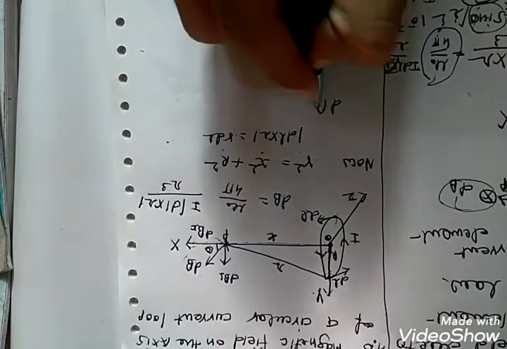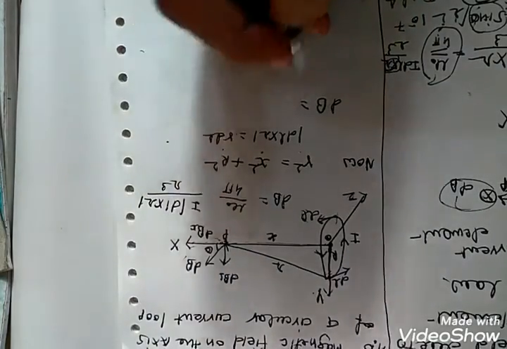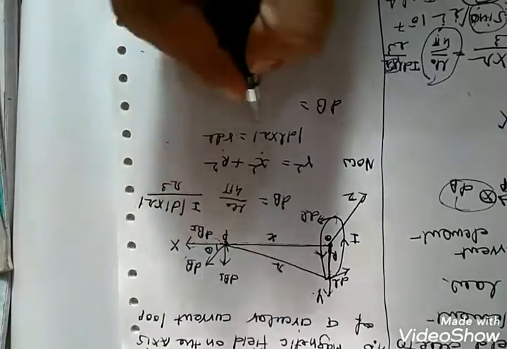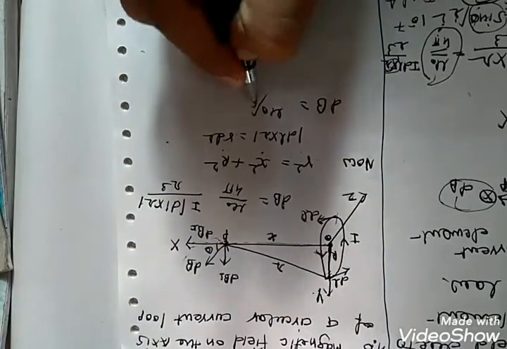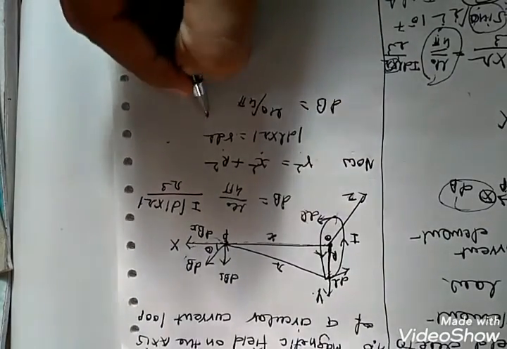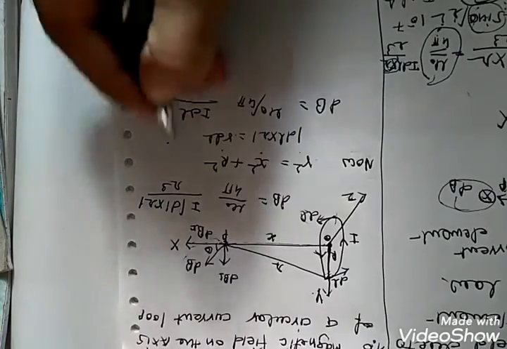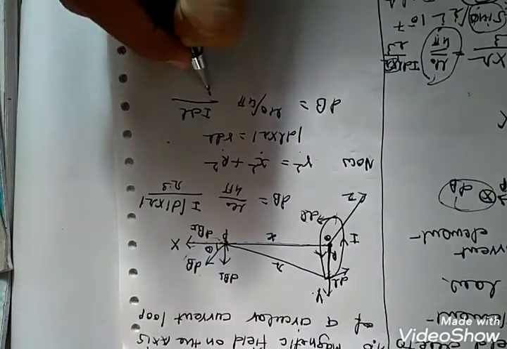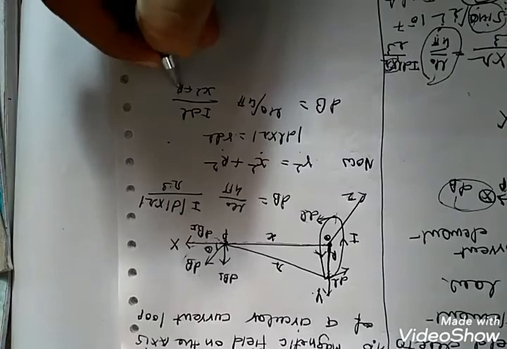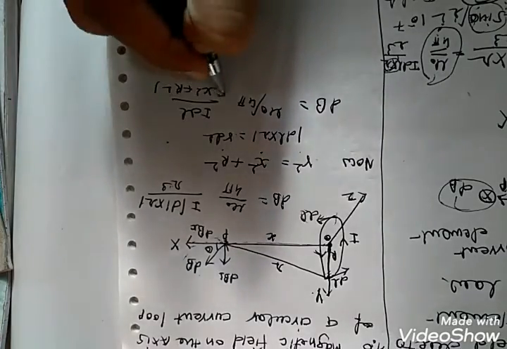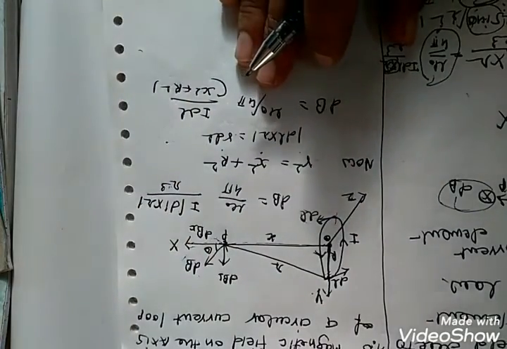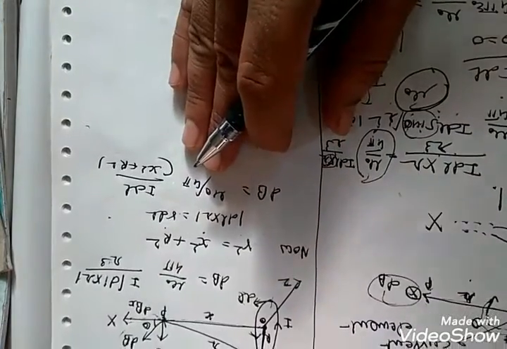Now dB, the magnitude of the magnetic field, is equal to mu 0 upon 4 pi, I dl upon x square plus R square.